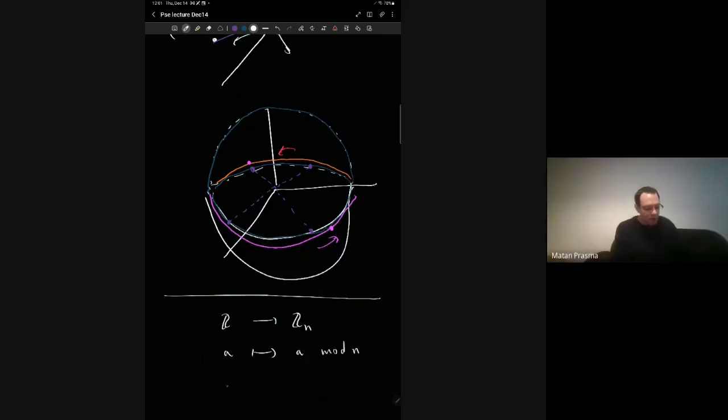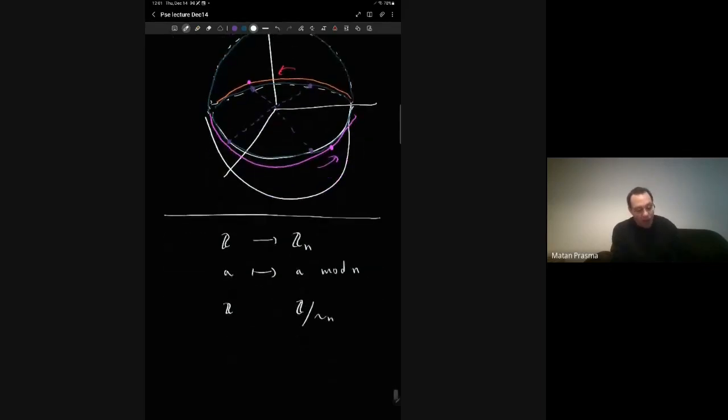Now, when I define the quotient with respect to the equivalence relation of modulo n, I also have the quotient map that takes an element and sends it to the equivalence class of itself with respect to the relation.